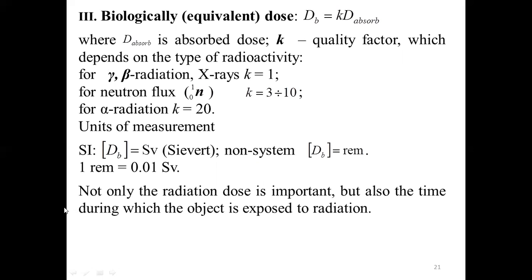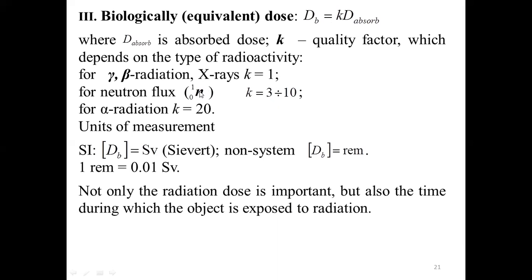Biologically, the equivalent dose gives us the difference for possible damage from different types of radiation. So we take our absorbed dose with the appropriate quality factor, which depends on the type of radiation. For gamma, beta radiation and X-rays, this factor is 1.